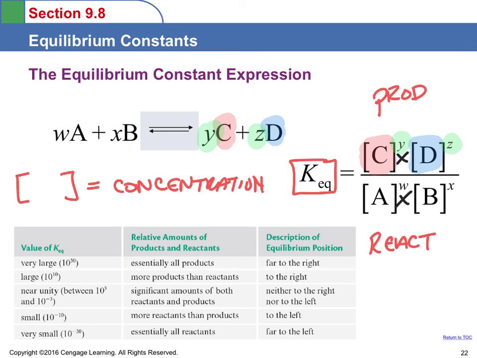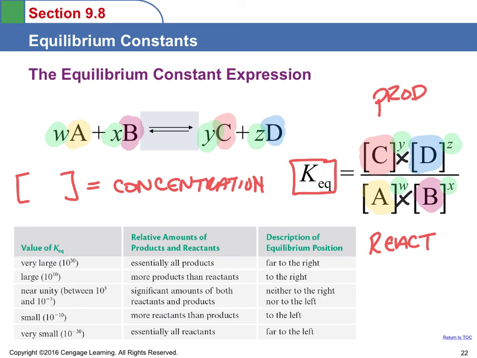So those were the products. Reactants, I have A, the concentrations on the bottom, and I have B. Its concentration is on the bottom. Again, coefficients become the exponents of those. So here is my equilibrium constant.